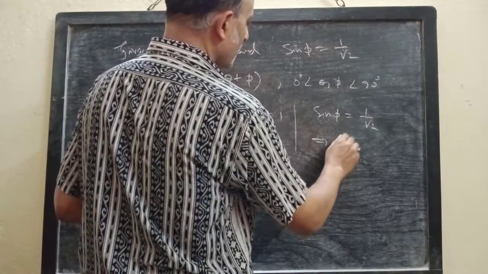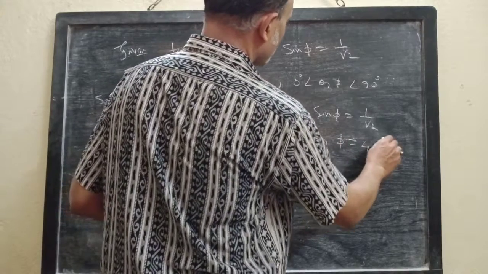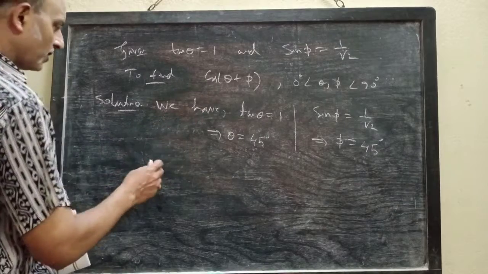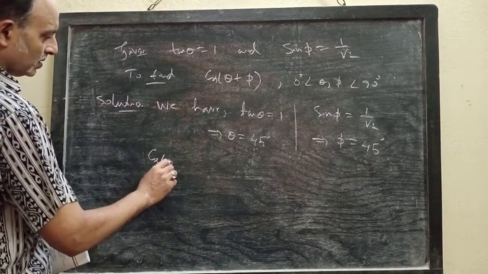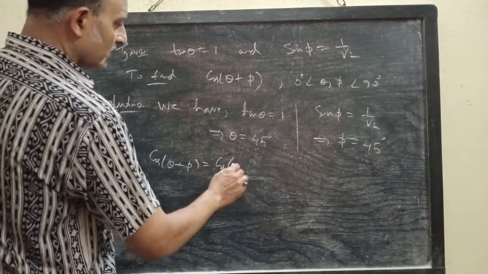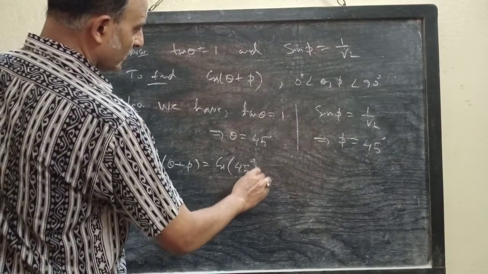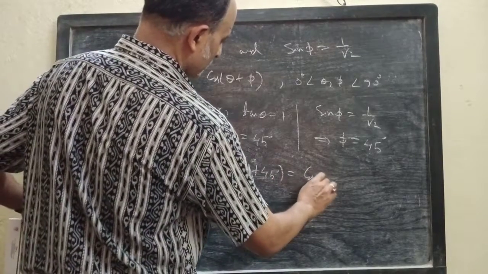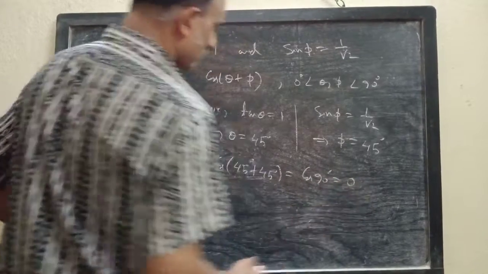From this we get phi is 45 degree, because sin 45 degree is 1 by root 2. Now we are asked to find cos of theta plus phi. Just put the values of theta and phi. Theta is 45 degree as well as phi is also 45 degree. So this becomes cos of 90 degrees, so answer is 0.